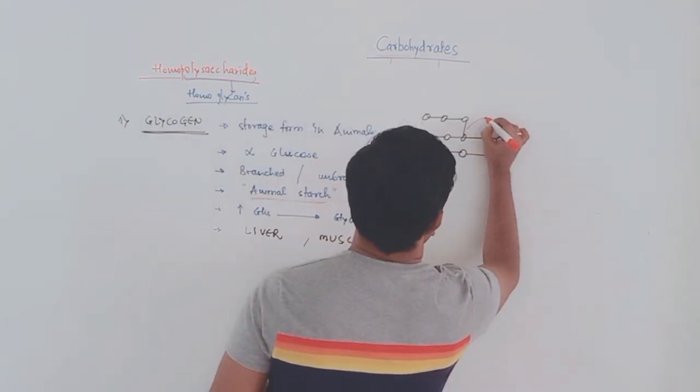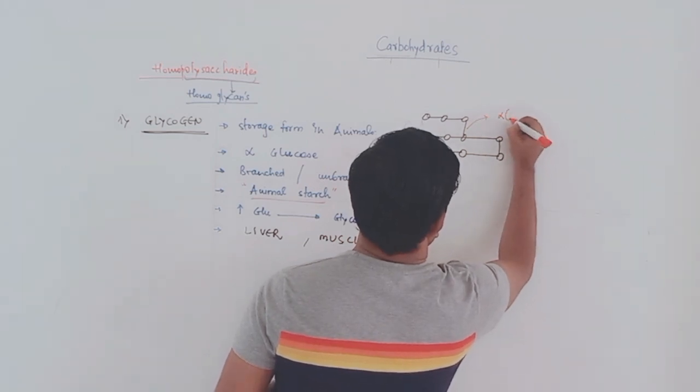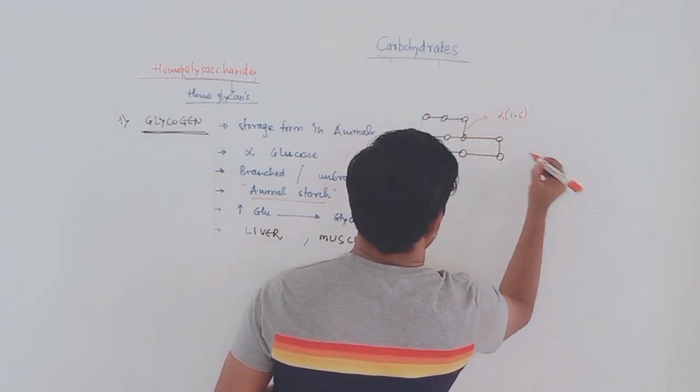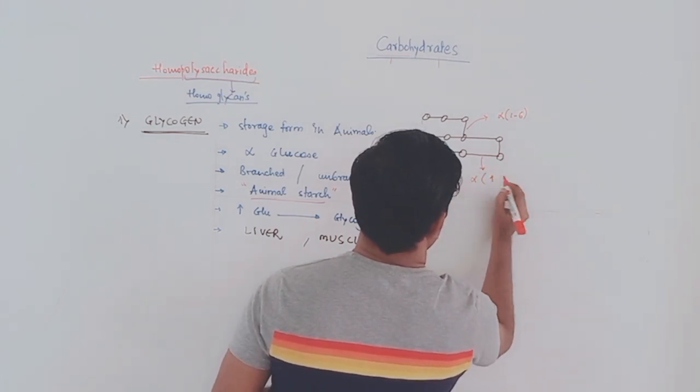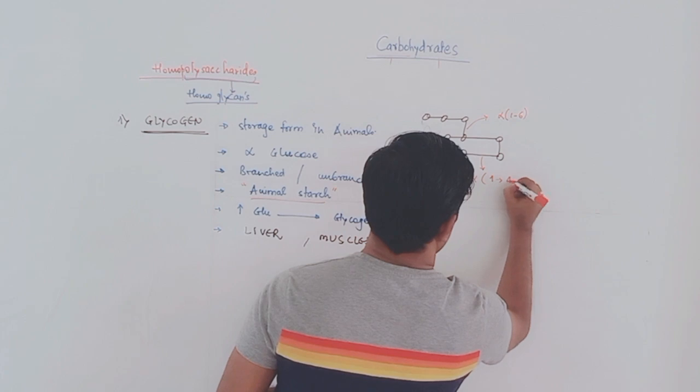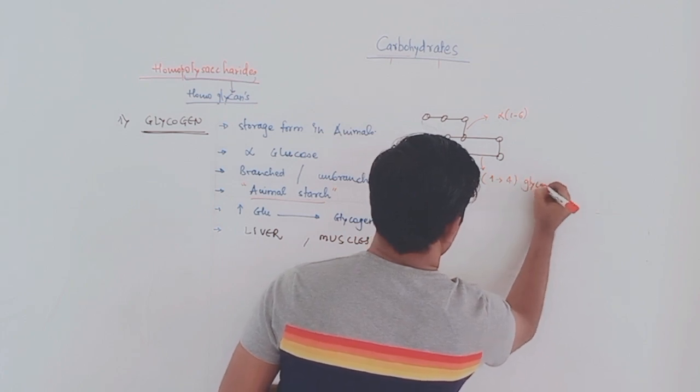Here we have alpha 1,6 glycosidic bond, and here we have alpha 1,4 glycosidic bond.